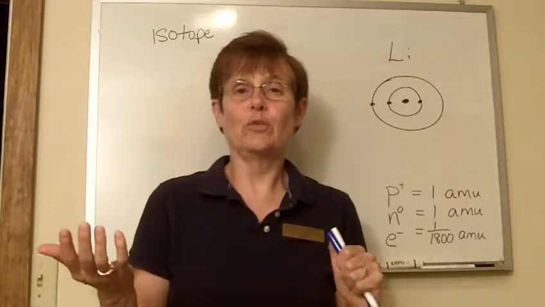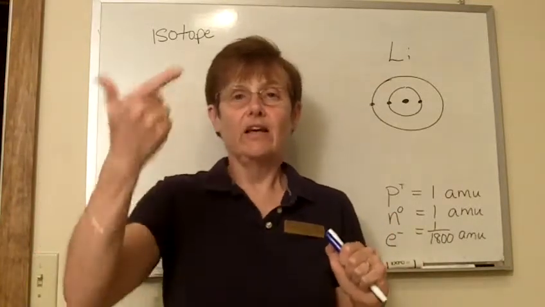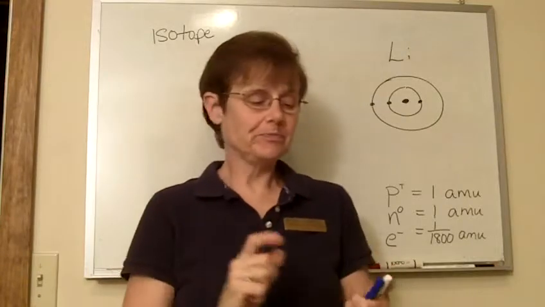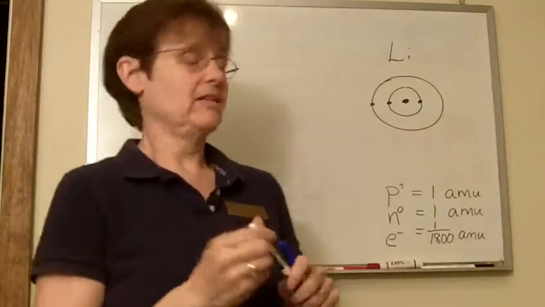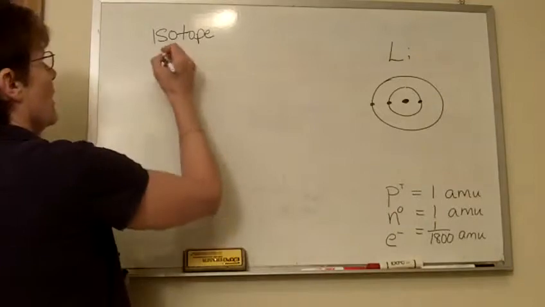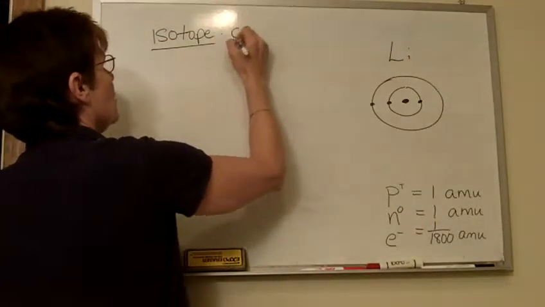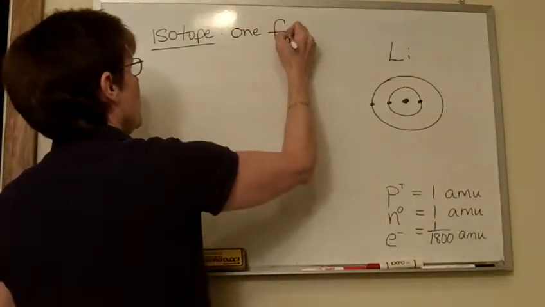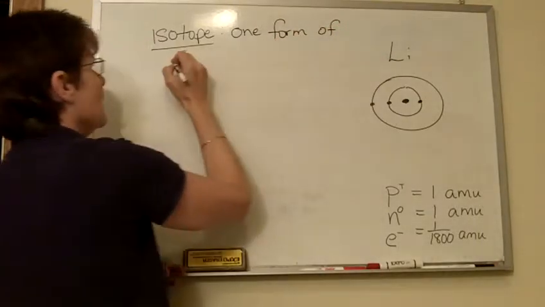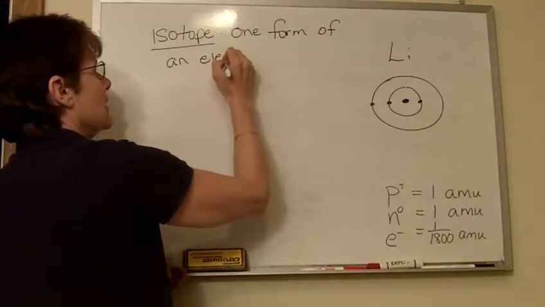In fact, there's an isotope that's called carbon-14 that has a mass of 14 instead of 12. So maybe we should look at that as an example for carbon. So an isotope is one form of an element.